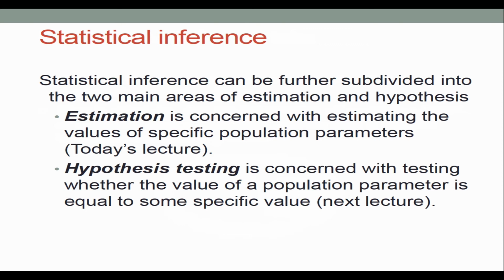We want to test whether NYC has a higher average household salary than the national level. To answer this kind of question, we need to perform hypothesis testing. We will talk about the techniques for hypothesis testing in the next lecture. Today, we're going to focus on estimation.